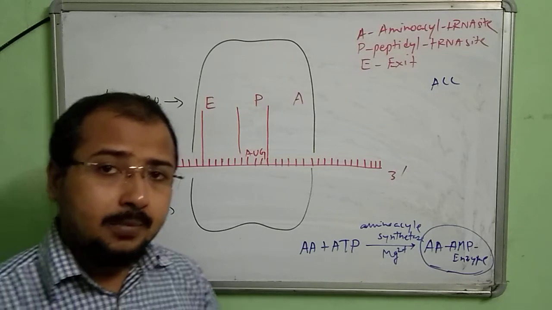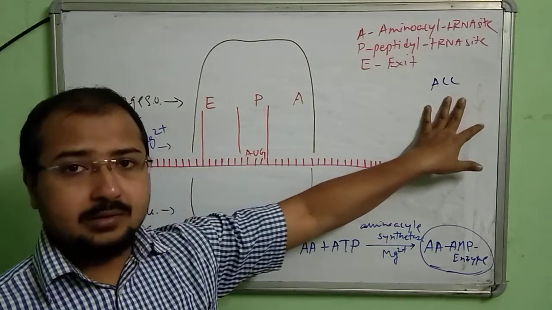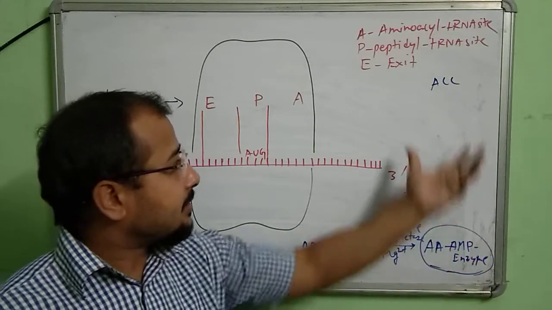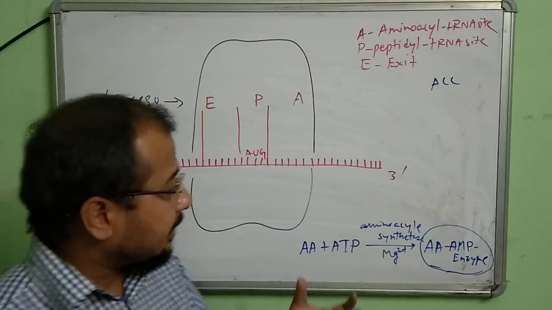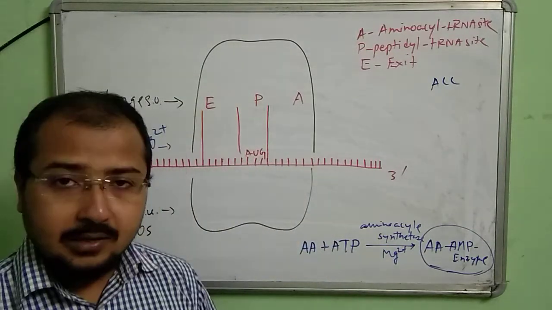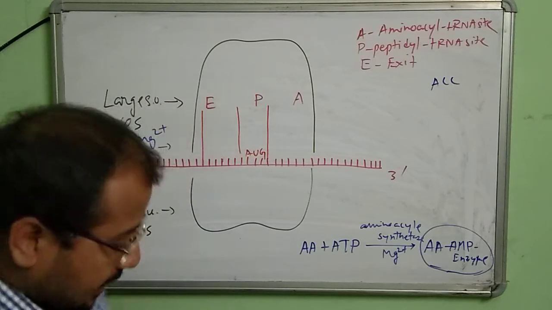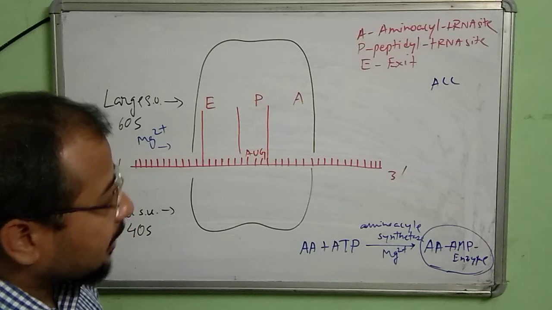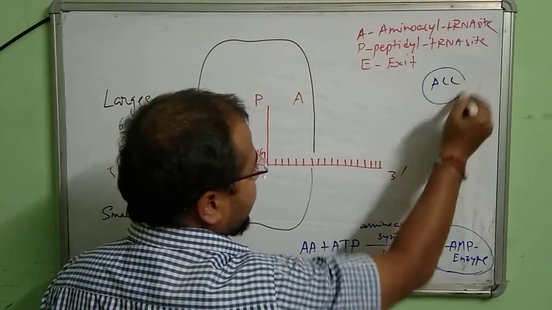There is also an anticodon arm. At the ACC sequence, the amino acid is going to bind. The tRNA acts as the adapter molecule in the binding of the amino acid to this ACC sequence.